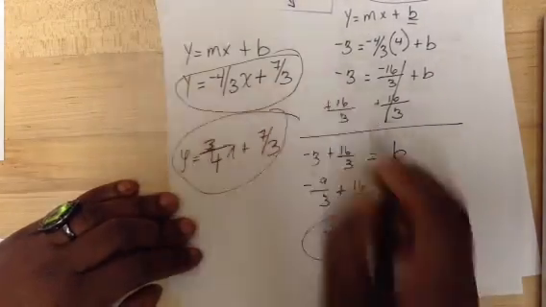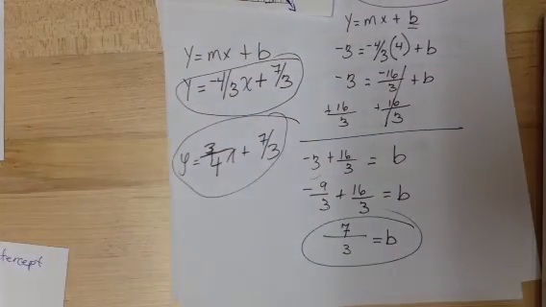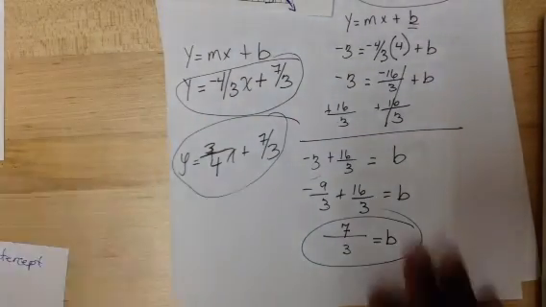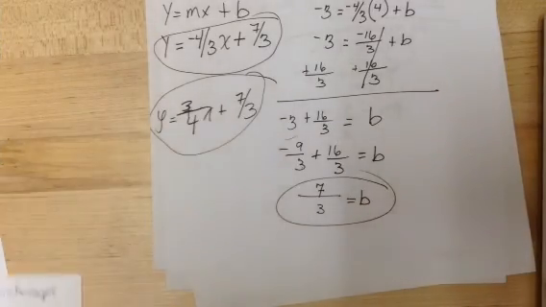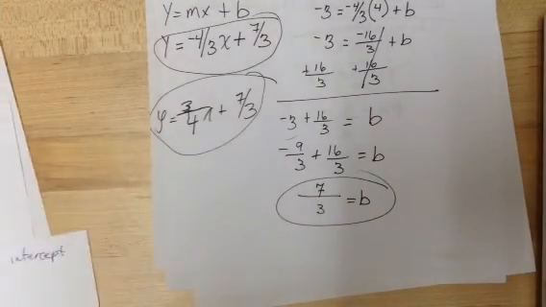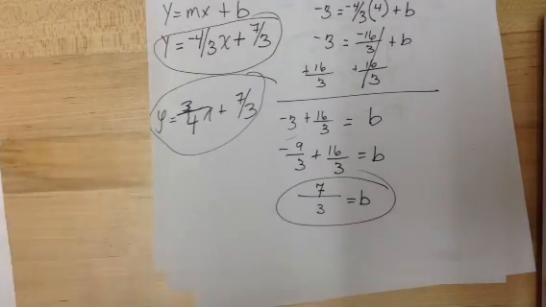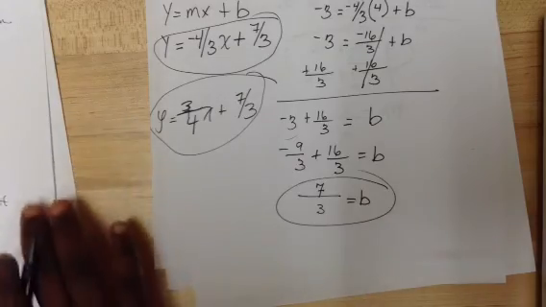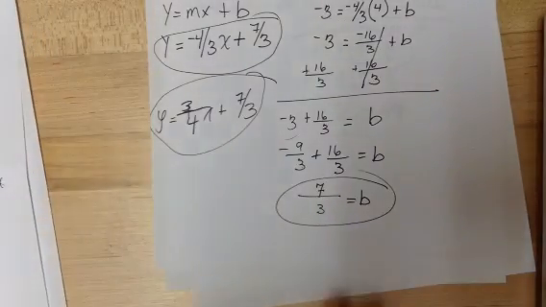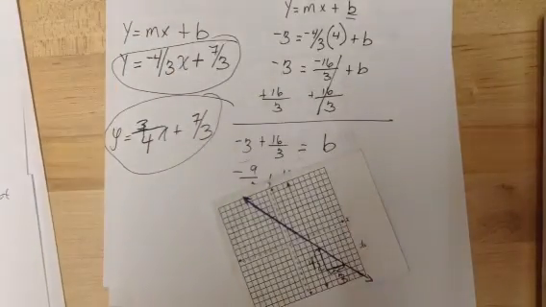That would have been the perpendicular equation to that line. So there you have your equations using slope-intercept form on how to find the equation of a line from the graph.